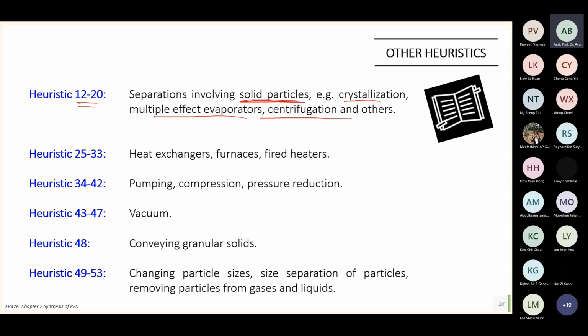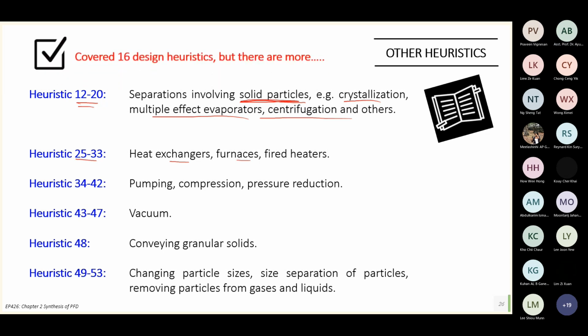Okay, multiple effect evaporators. Heuristic 25 to 33, you can use heat exchangers, furnaces, all these things. Okay, so this one you can read through. There are many more, so you just pick up the few important things.